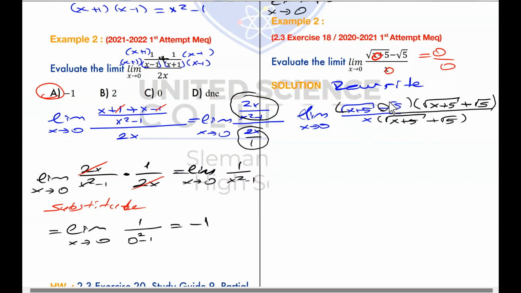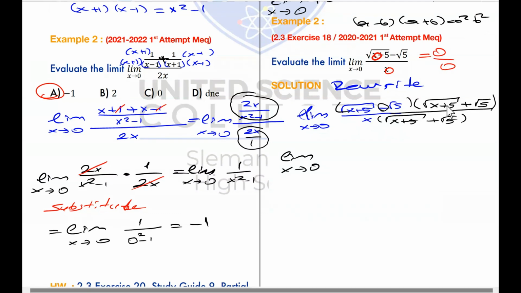It's already factored out. So just expand the top here. It is as in the previous question: a minus b times a plus b form. So it's the difference of two perfect squares. Without distributing one by one, you apply the difference of two perfect squares: a minus b times a plus b is a squared minus b squared, right?